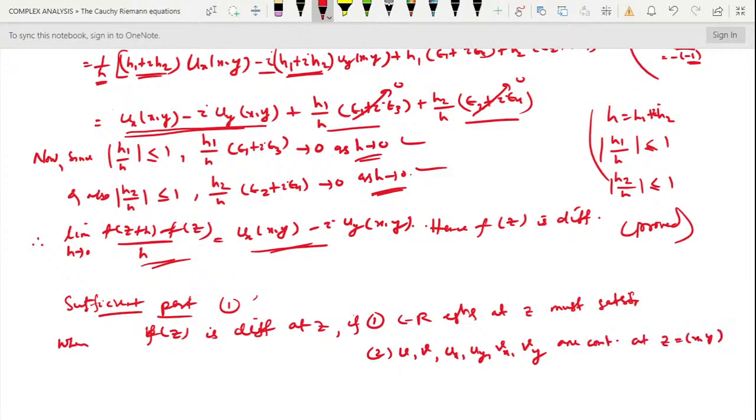If these two conditions are satisfied at a point z, then you will say that f of z is differentiable at z. So this is the sufficient condition. This condition alone is not sufficient. If we add this second condition, then it will be a sufficient condition for the differentiability of a function f of z at a point z.